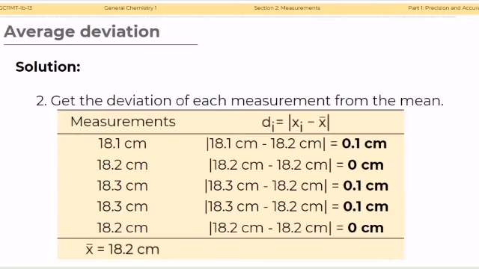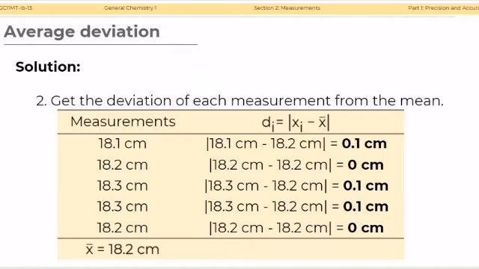The next step is to get the deviation of each measurement from the mean. Get the difference of each measured value and the mean, ignoring the sign of the answer, as seen on the second column. Using the formula, the deviation is equal to the measured value minus the mean.